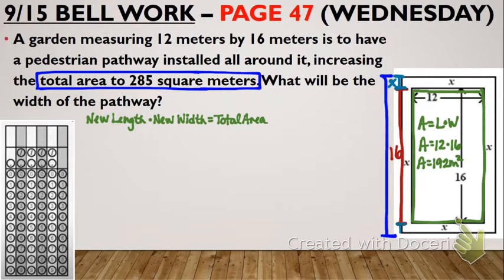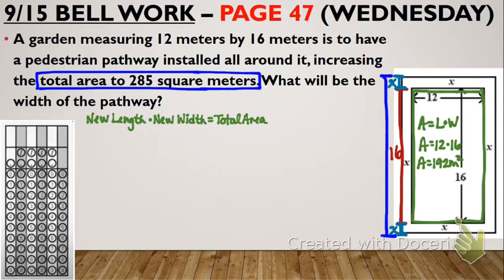And then down here, we have the sidewalk again. How wide is that sidewalk again? The garden is 12 by 16. How big's the sidewalk? Is that something that we know right now? No. So since I don't know it, what should I use to represent it? X. So I want to take all the pieces here. I want that total length, so I want to put them all together.